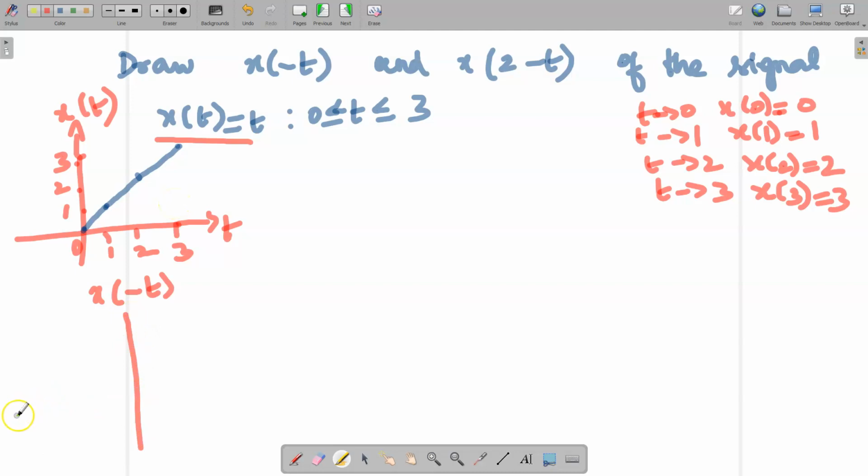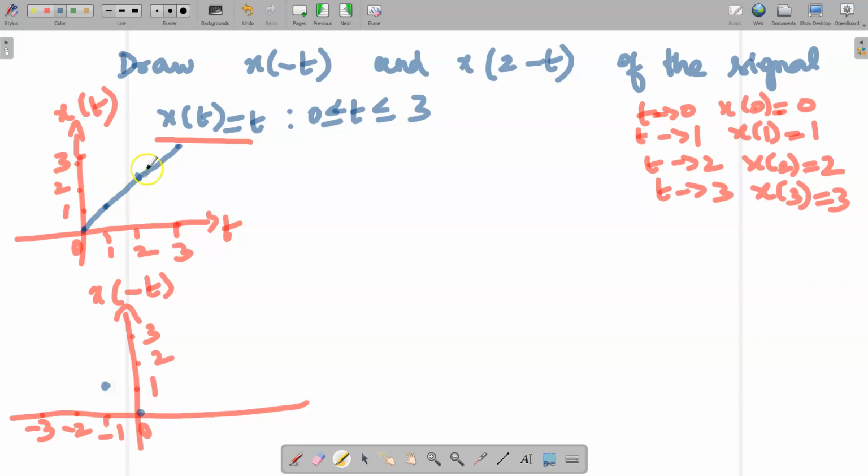How will you draw? The amplitude remains the same, only the time we have to change. So, 0 becomes 0, 1 becomes minus 1, 2 becomes minus 2, 3 becomes minus 3. At 0 the amplitude is 0, at 1 the amplitude is 1, it will go to minus 1, so at minus 1 the amplitude is 1.